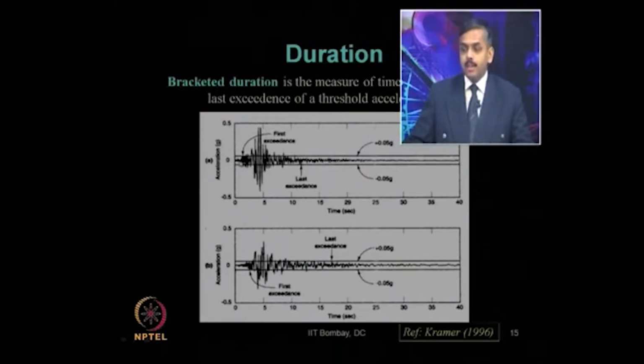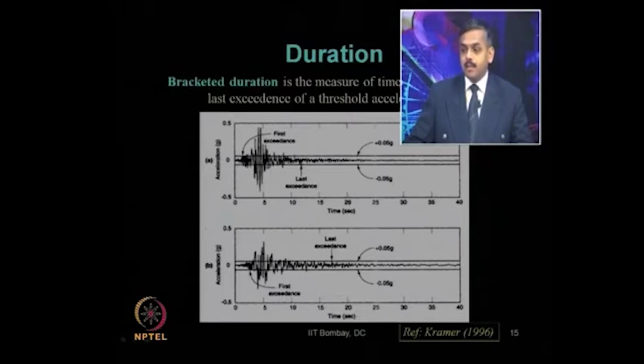Now, look at the acceleration time history profile, where that first time it has touched that line. You got it? So, suppose this is the value where it first touched that threshold acceleration of 0.05 g. So, this will be taken as the first exceedance of the value, that is beyond this it exceeded that value of 0.05 g. Clear? So, that will be the starting time.